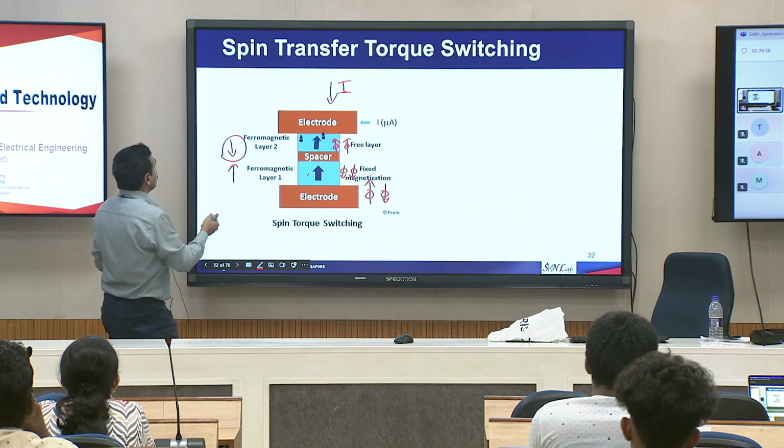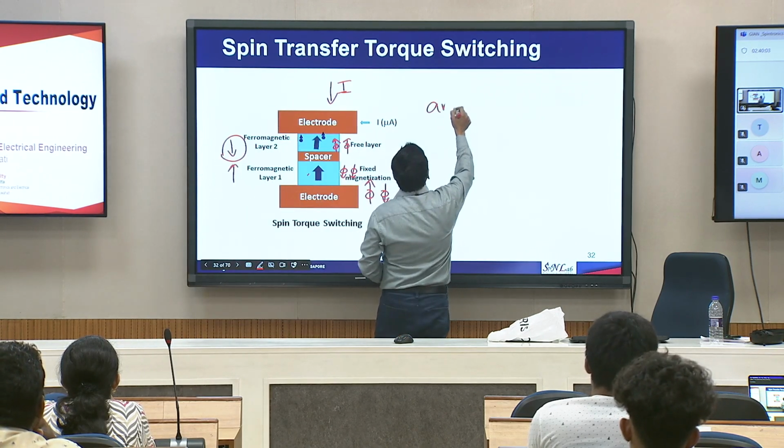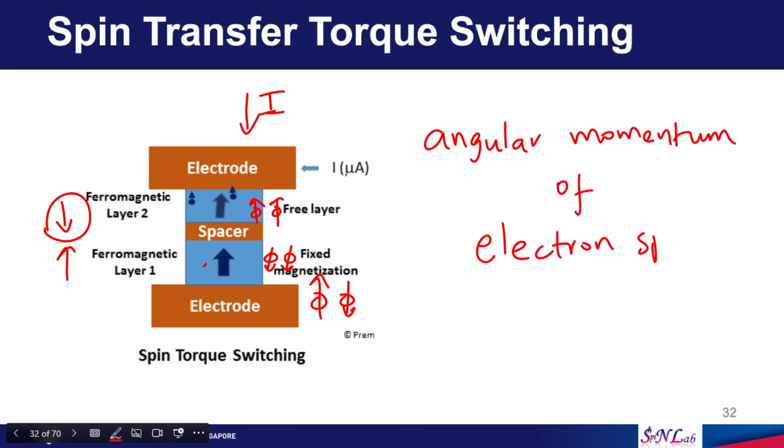In a similar sense, the angular momentum of the electron spin will exert a torque on the magnetization M. That is what you saw in the video. Let us see whether it can play again.